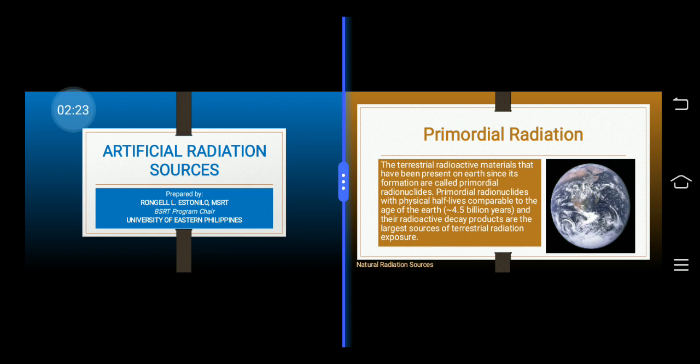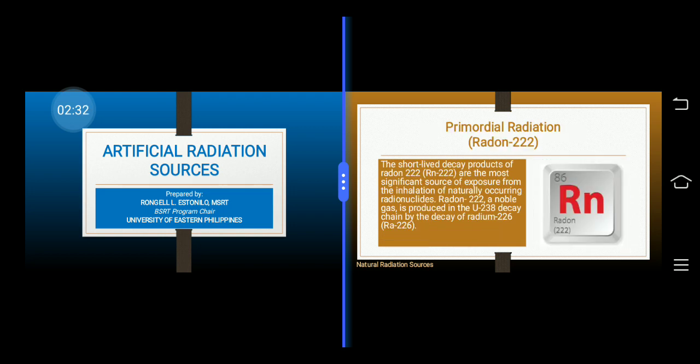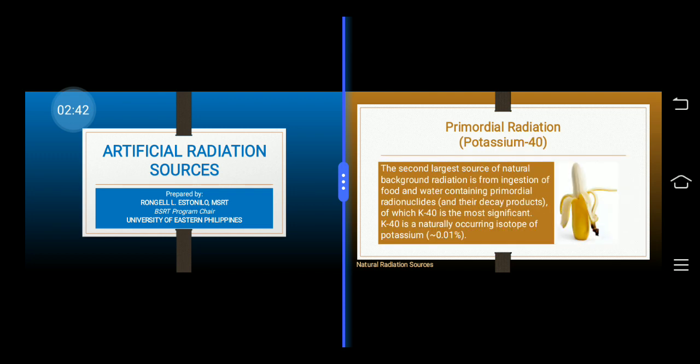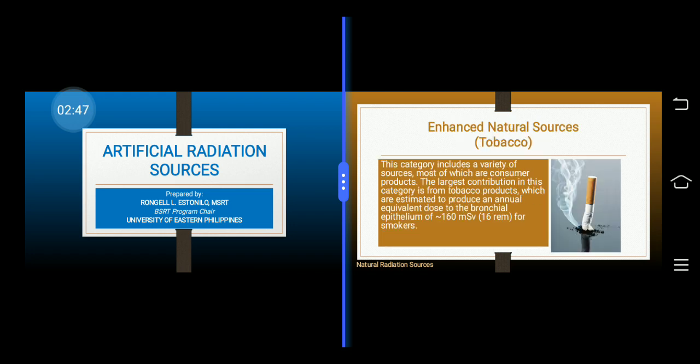Their half-life is comparable to the age of the Earth, which is equivalent to 4.5 billion years. The primary source is radon-222. Second, we have potassium-40, which is part of our human metabolism.